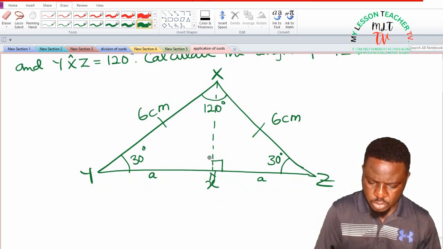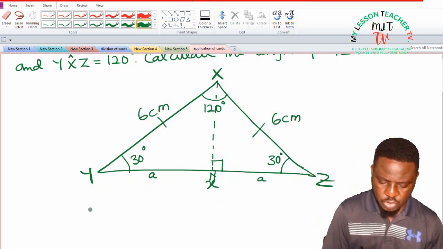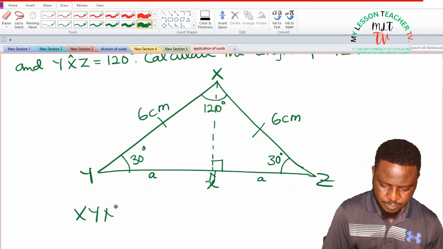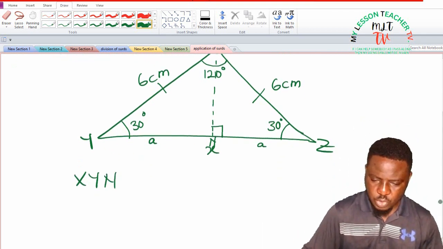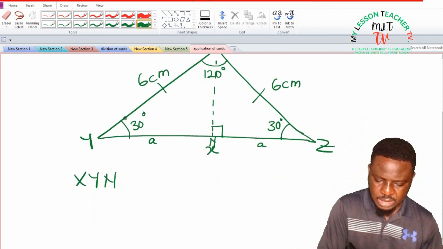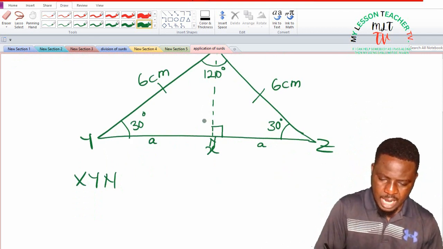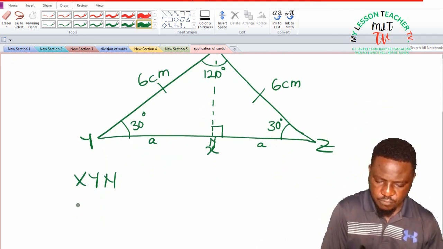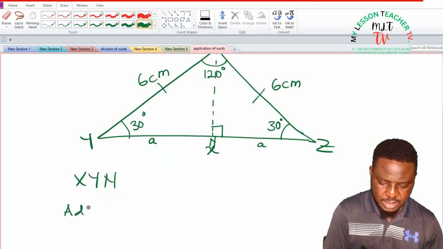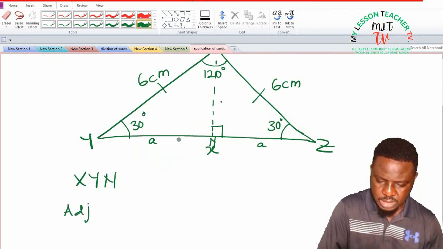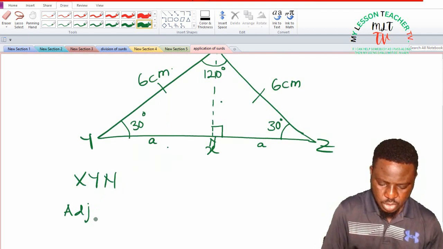So using trig ratios, I will consider triangle XYN. In triangle XYN, this is angle 30 degrees, and this is the opposite, this is the adjacent, this is the hypotenuse.